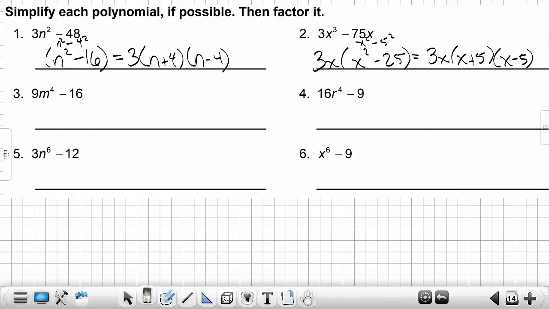So what is 9m to the 4th? What would be the square root of that? Would it be 3m to the 2nd? 3m squared, absolutely. So this would be 3m squared minus, and what's 16? Is what squared? 4 squared. So my a is what, Raymond?